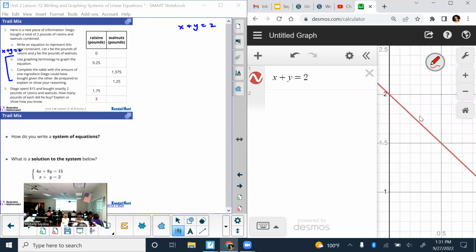But what is the raisins? Are they the X or the Y? The X, because that's what we said X represents, pounds of raisins. What represents the walnuts? So then on my line, I want to know what the Y is when X is 0.